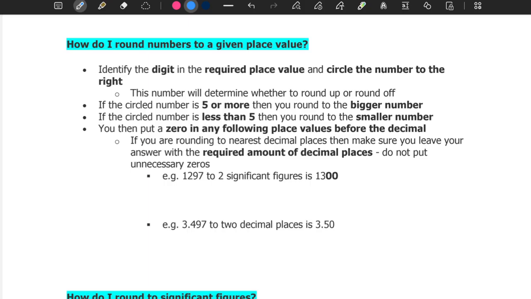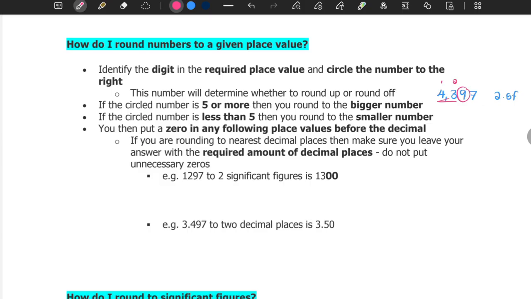So, for example, if we have 4.397, and then they say, put this to 2 significant figures. So the first thing is to identify the digit in the required place value. We want 2 significant figures, so we have 1 and 2. So circle the number to the right. Now circle 9 because we already know that 4 and 3 are going to remain.